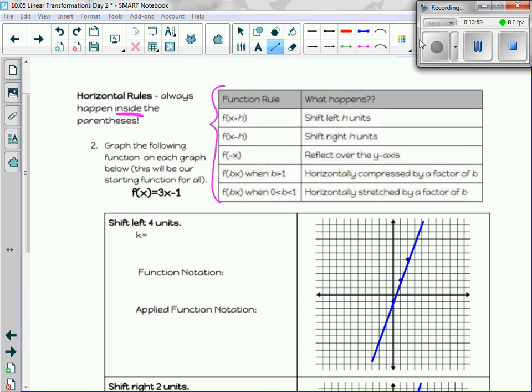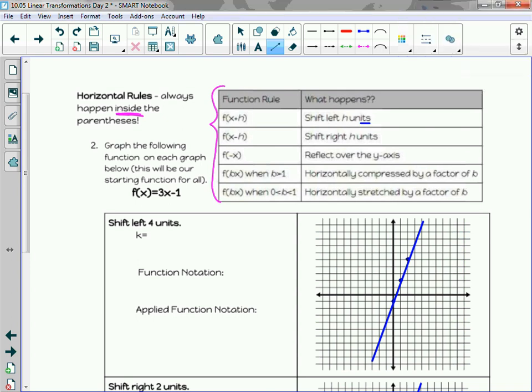So we're going to shift left 4 units. When you're shifting left and right, the thing that always trips everybody up is that it seems like it's the opposite. I'll explain in just a second. I'm shifting left h units, so let's change this to h, and we're going 4 units to the left.